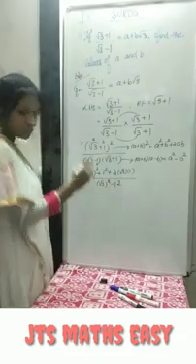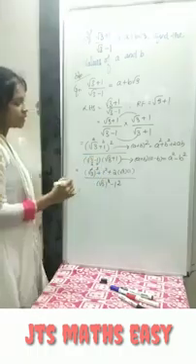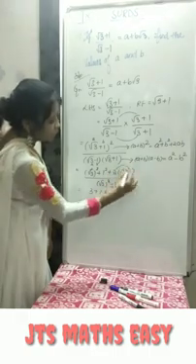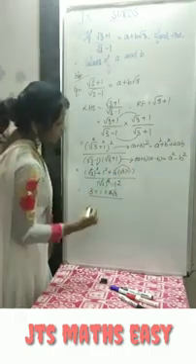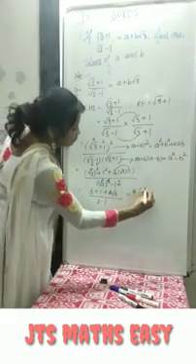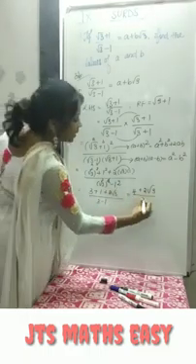For the next step, root 3 square means the root and square get cancelled. So it is simply 3 plus 1, and 2 into 1 is 2 root 3, and in the denominator also the square and root get cancelled: 3 minus 1. So the answer is 4 plus 2 root 3 divided by 3 minus 1, which is 2.